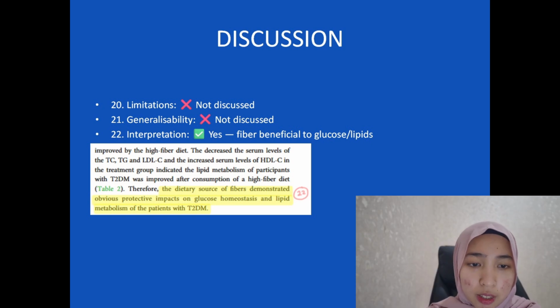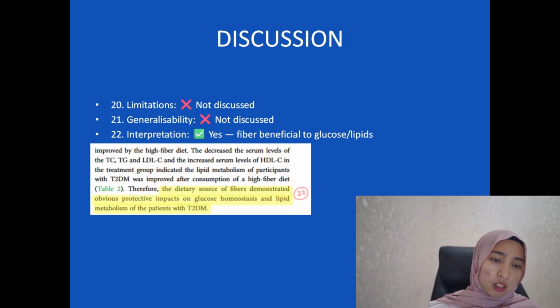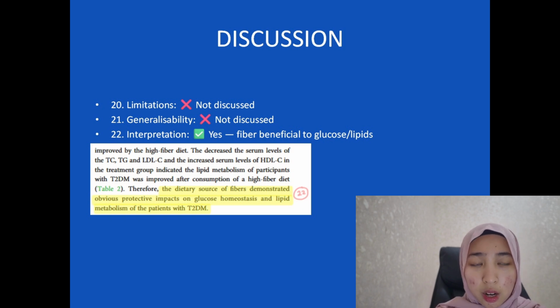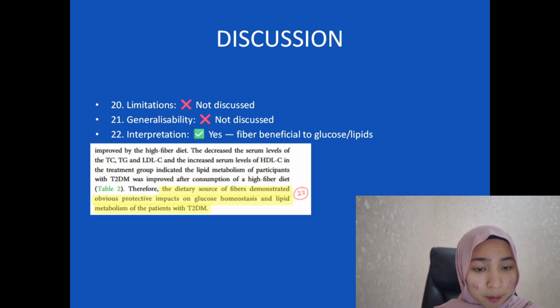Next part is about discussion and interpretation. It's items 20 to 22. First, item 20, it's for limitations, but in this article, limitations are not discussed clearly. Item 21, it's about generalizability, and this article also does not address generalizability.